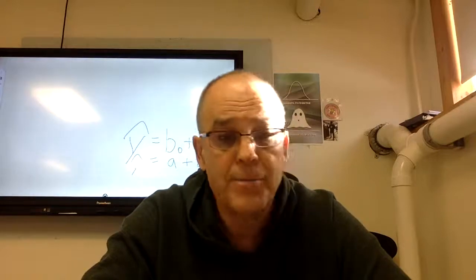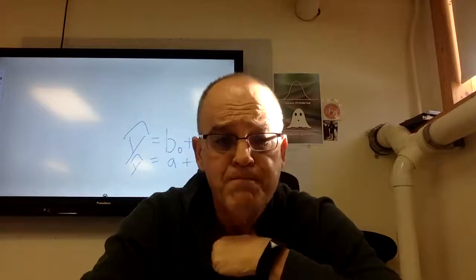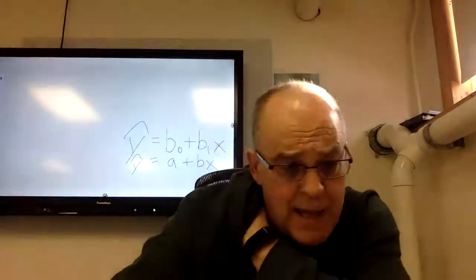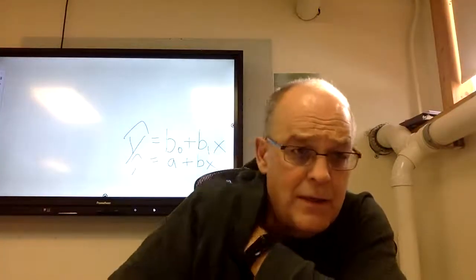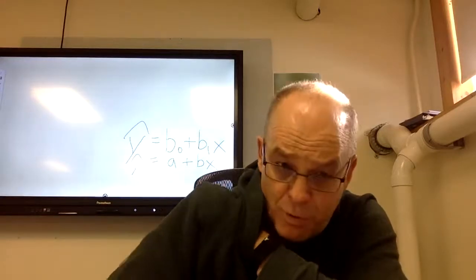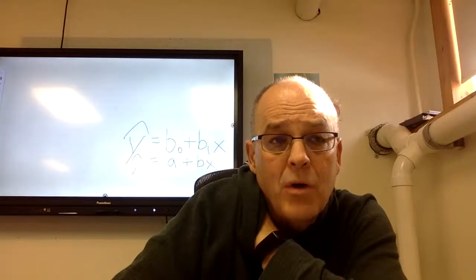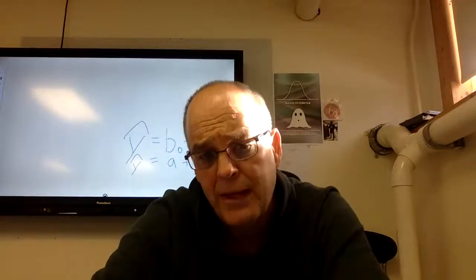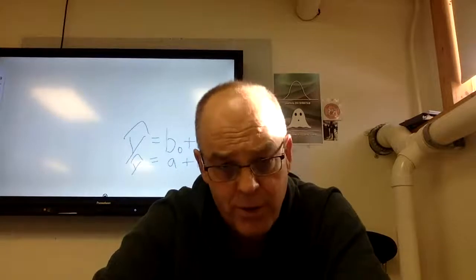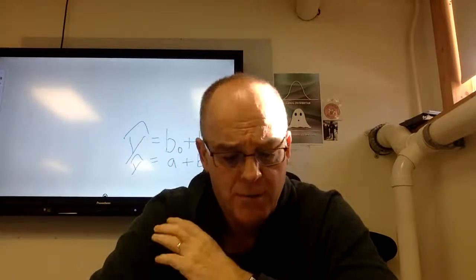Also, we talked about the coefficient of determination being R squared. And the format of that is, once again, the percent of variation in the y variable or the response variable that can be explained or attributed to the x variable or the explanatory variable.